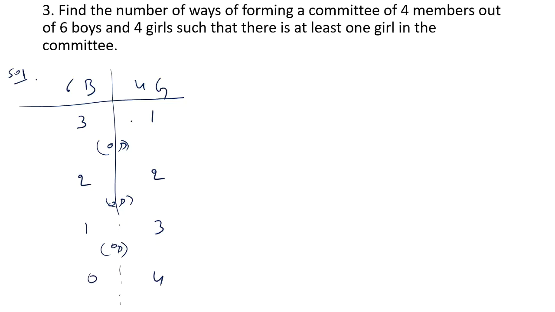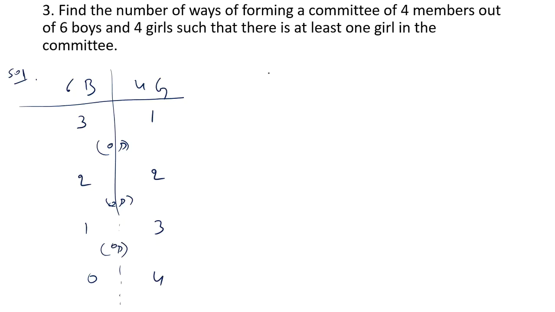So we have to count in how many ways I can select 3 boys from 6 and 1 girl from 4, plus in how many ways I can select 2 from 6 boys and 2 from 4 girls, plus the number of ways of selecting one boy from 6 boys and three girls from 4 girls, plus the number of ways of selecting 0 boys from 6 boys and 4 girls from 4 girls.